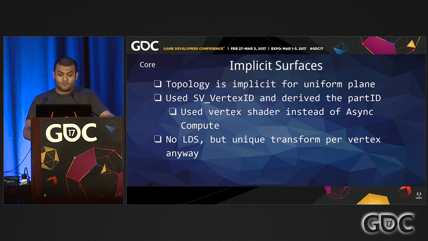This is particularly useful for soft bodies. I'll touch on how we used LDS later, but in this case, each vertex is carrying a unique transform, so the LDS memory, where you would potentially share computations between waves or between threads, wasn't actually necessary. So this turned out to be a good way to handle implicit soft surfaces.